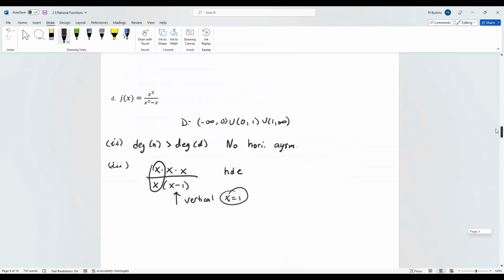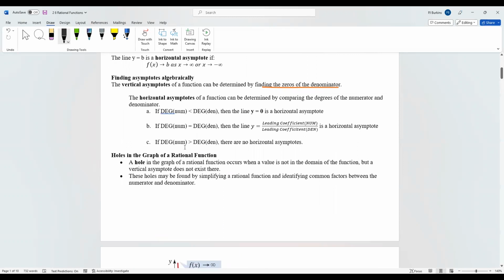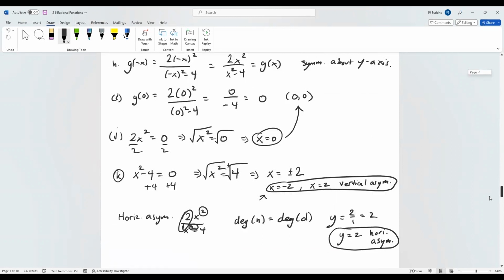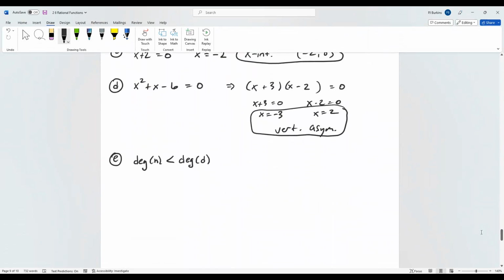So we said that the degree of the numerator is less than the degree of the denominator, so y equals 0 is our horizontal asymptote. For the example we're doing, that is the case. So y equals 0 is the horizontal asymptote. All right.